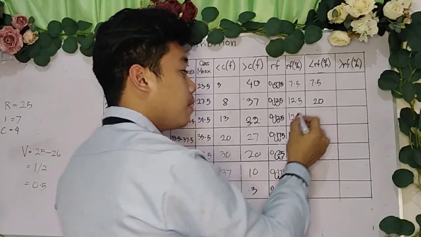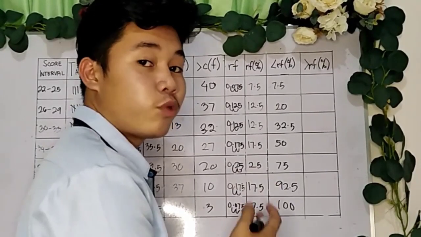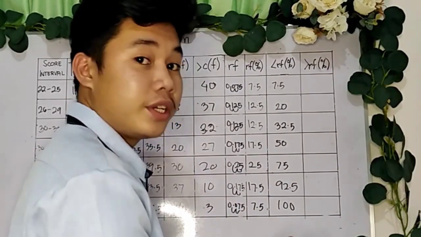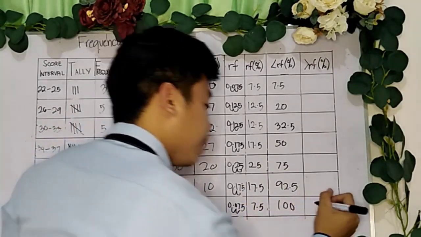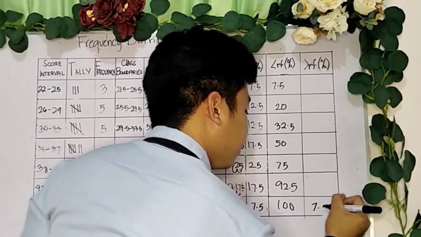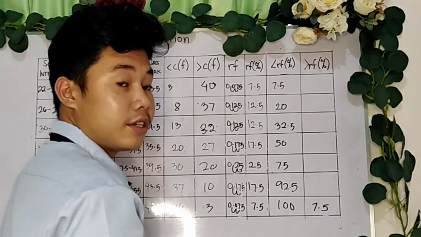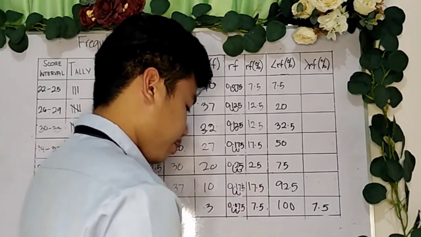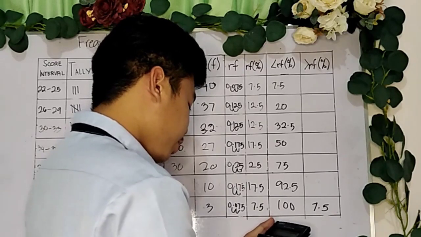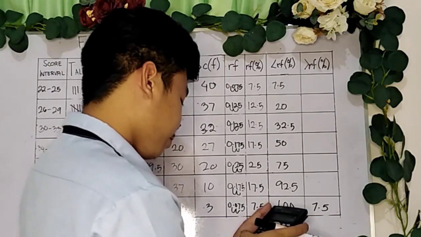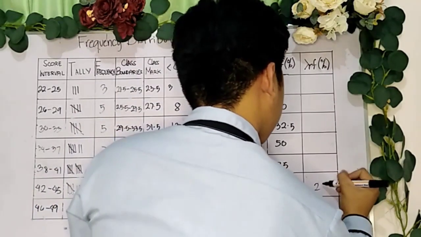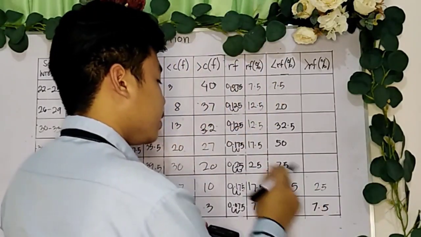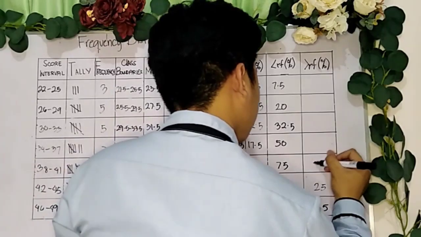Since this is the more than relative frequency, we need to do the same process: copy the preceding number, which is 7.5, write 7.5 here and add it to the successive number, which is 17.5. So 7.5 plus 17.5 is equal to 25. And then 25 plus 25 is equal to 50.